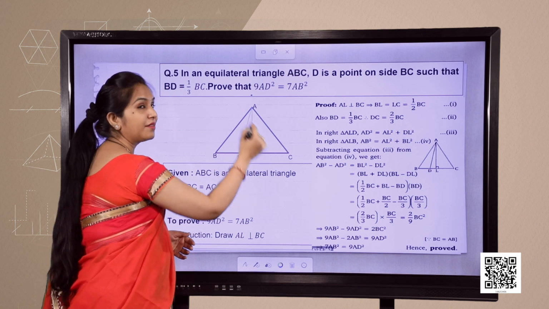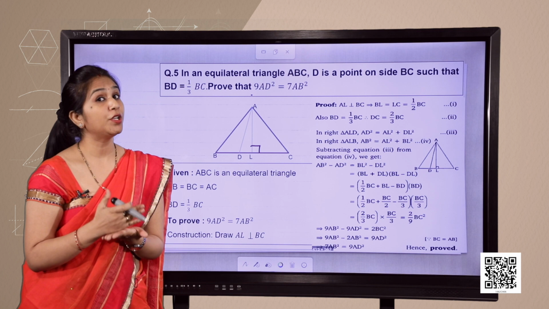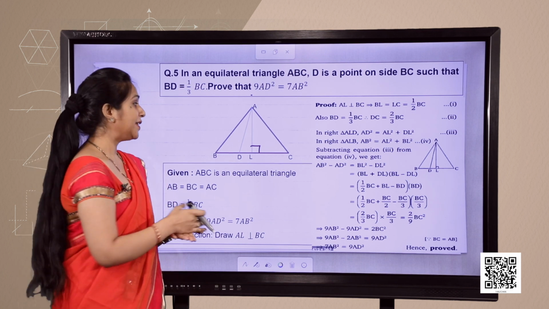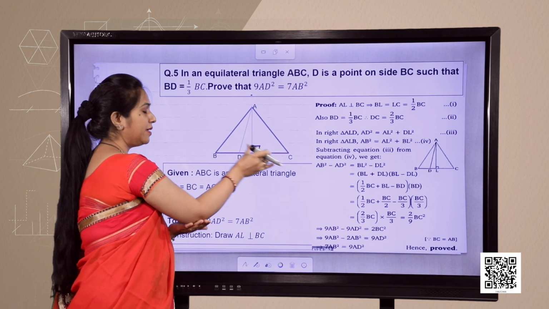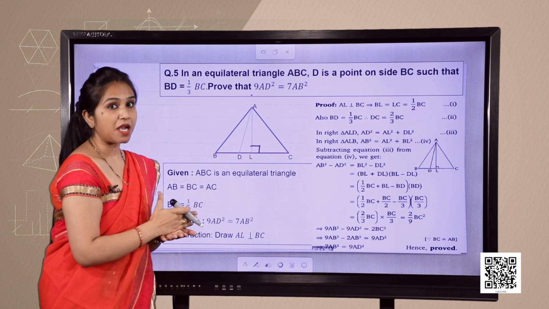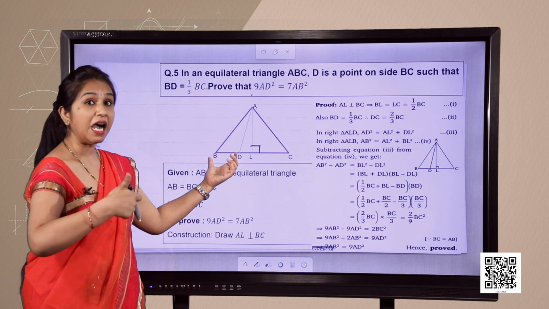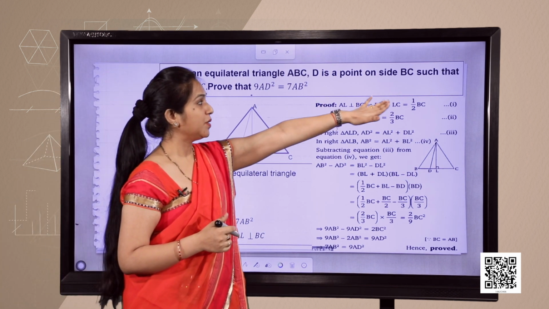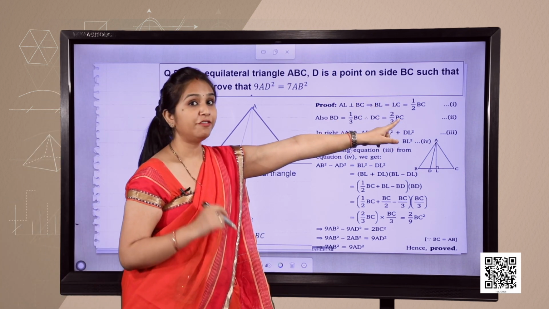It is a right angle triangle, means it becomes a perpendicular bisector as well. So, what can you say about BL and LC? No doubt it will bisect this BC into 2 equal parts. So, BL will be half of BC. BL is equal to LC is equal to half of BC.